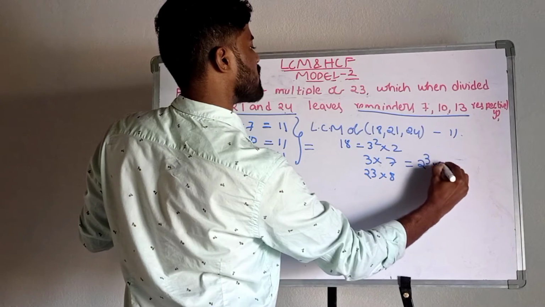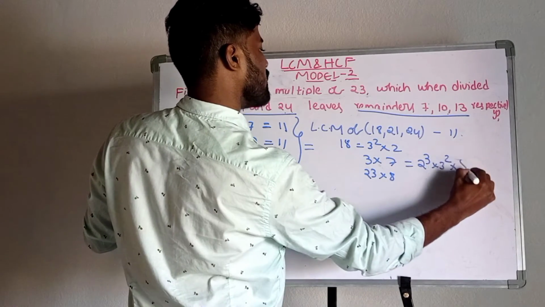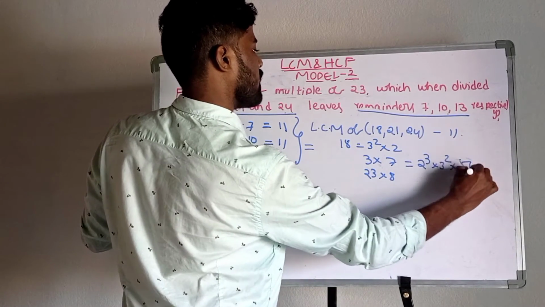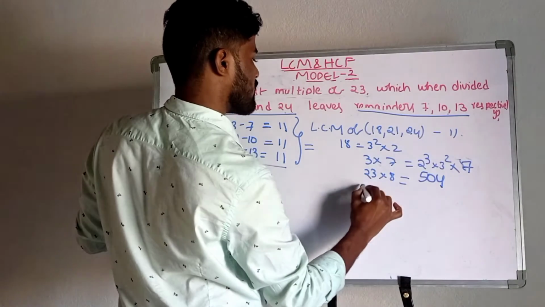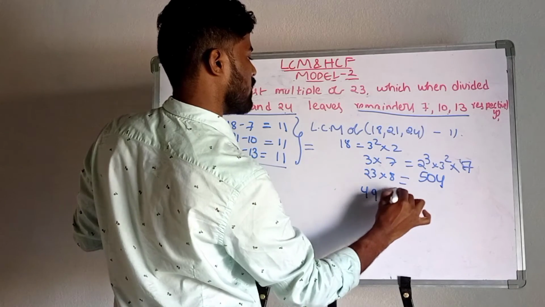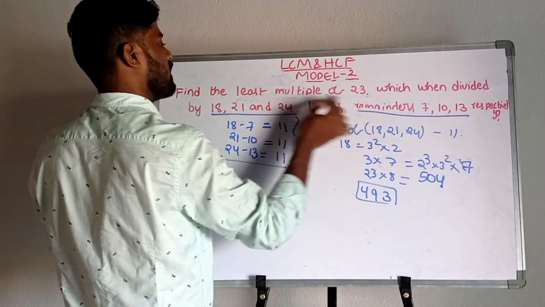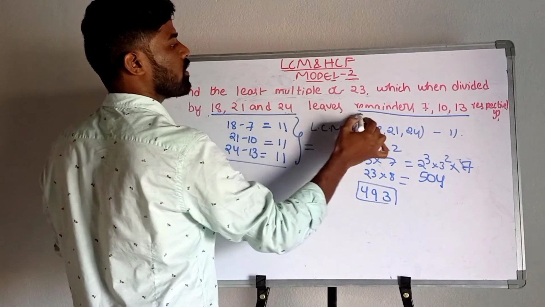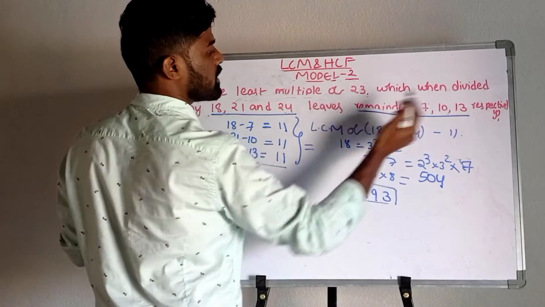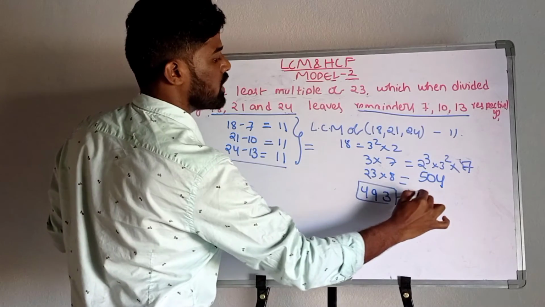LCM is 2 cube into 3 square into 7, that is 504. 504 minus 11 is 493. If we want to find the lowest number which when divided by 18, 21, 24 leaves remainders 7, 10, 13 respectively, our answer is 493.